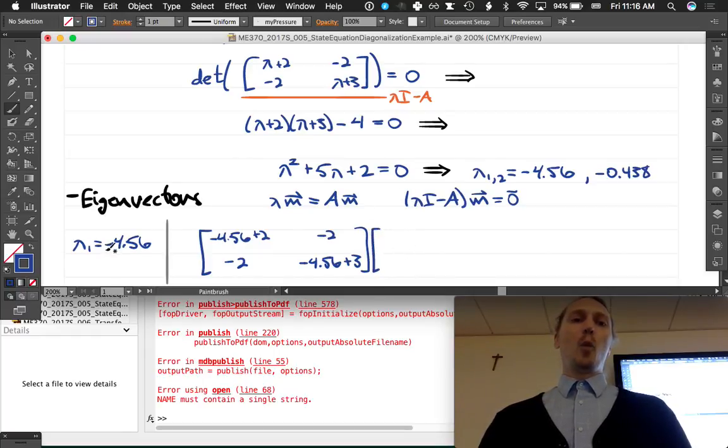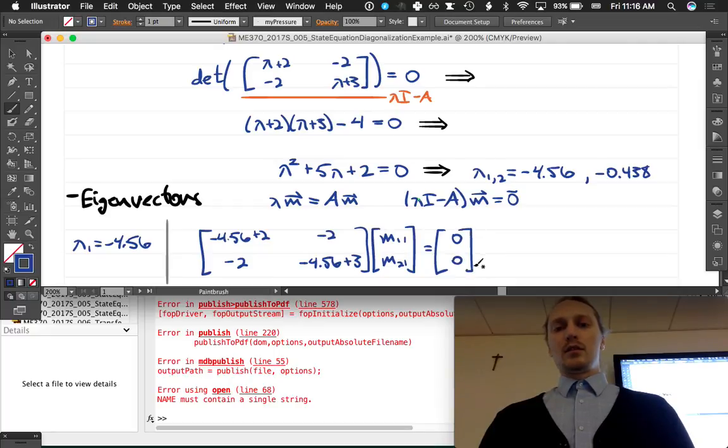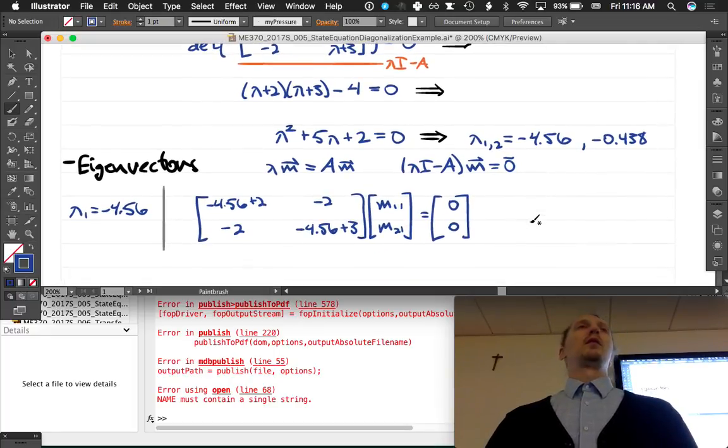This is going to be m1 corresponding to lambda 1. So we'll call it m11 and m21, the two values. That has to be equal to the 0 vector, represented that way.